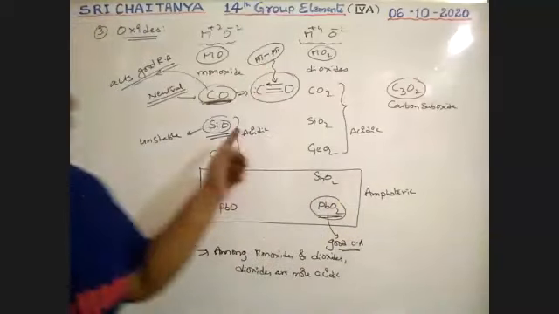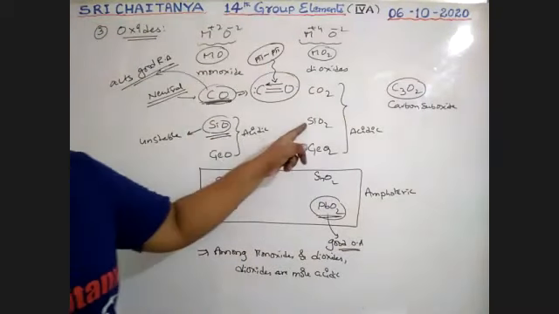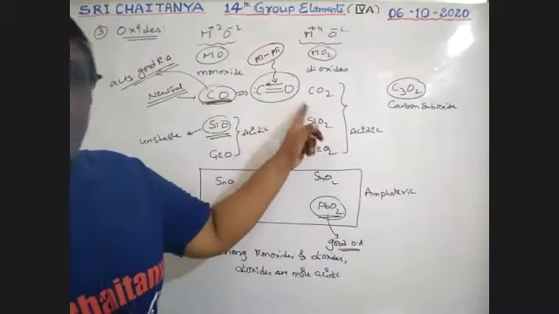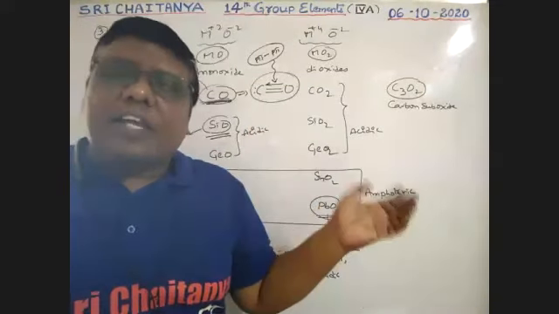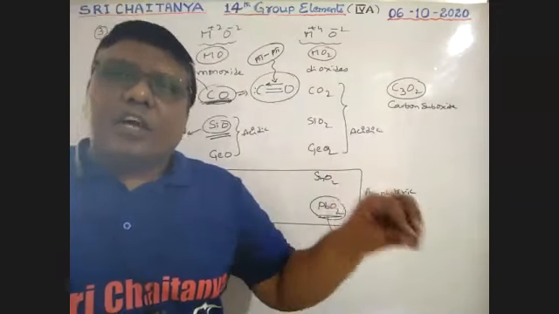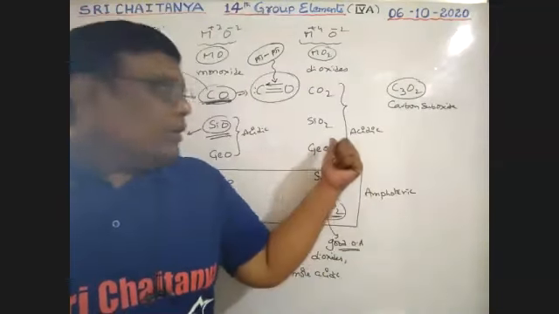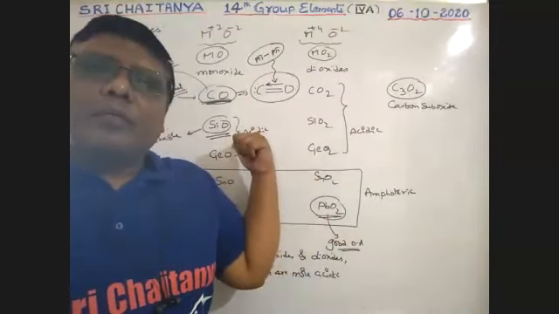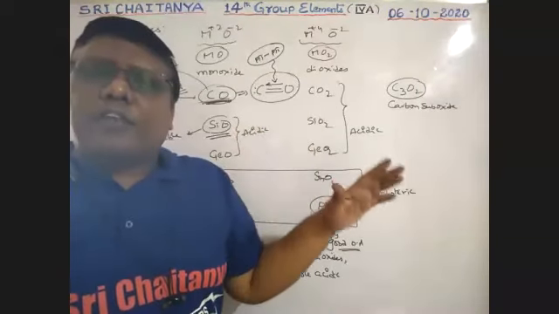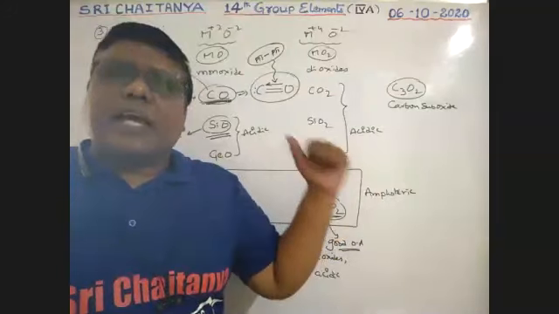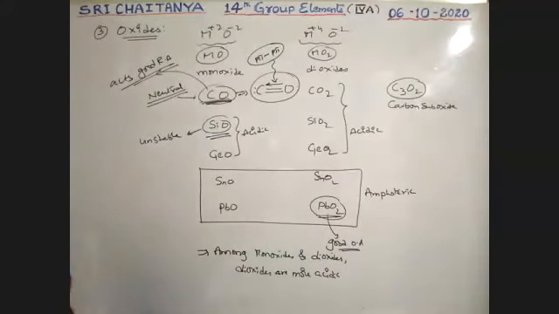See here. SiO is +2, SiO2 is +4. So +4 is more acidic than +2. So as the oxidation state of the element increases, the acidic nature of its oxide also increases. Therefore, dioxides are more acidic than monoxides.